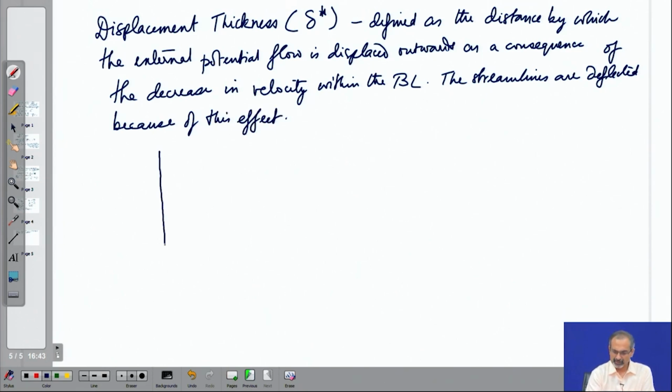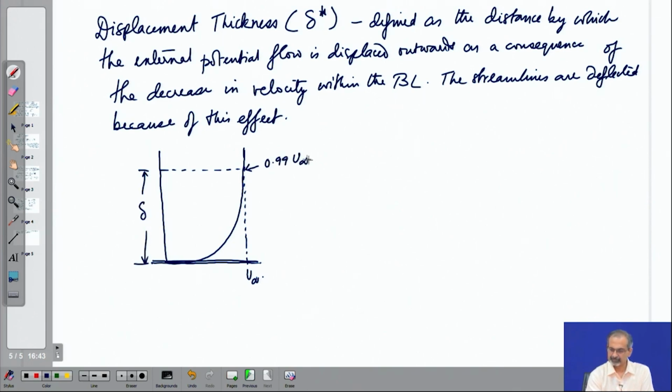If you look at the typical velocity profile in the boundary layer, let us say we are able to recover 99% of the free stream within this thickness. This region, which is lying beyond the velocity profile, is the region of velocity deficit.